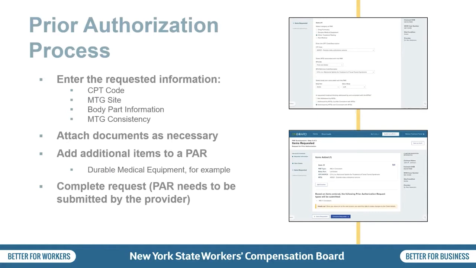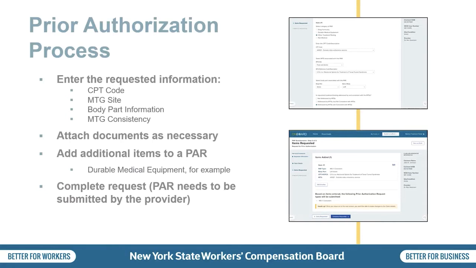The system will automatically detect the type of PAR a provider is attempting to submit based on the information being provided, such as CPT code, MTG site, body part information, and whether the requested treatment is consistent with the medical treatment guidelines. Reference documents can also be attached, such as medical records or progress notes. There will also be the ability to add additional PARs on a single submission.